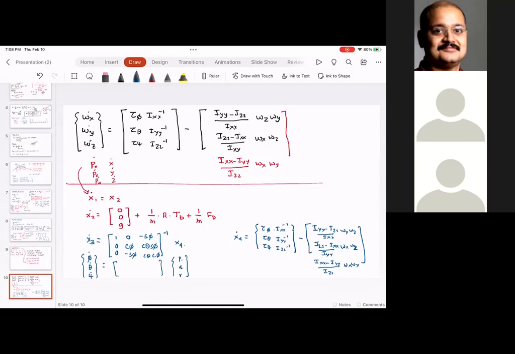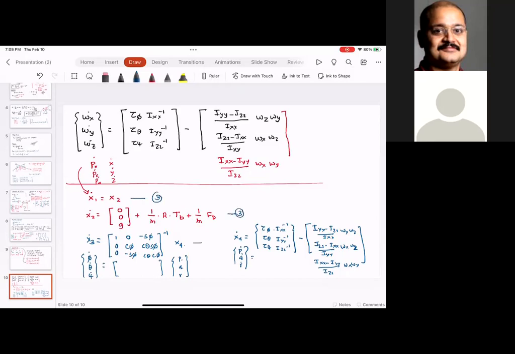So x dot here becomes p dot, q dot, r dot is equal to this equation. So please try to understand, these are three equations, these are three equations, these are three equations, and these are three equations. So these 12 equations of motion will simulate your quadcopter.